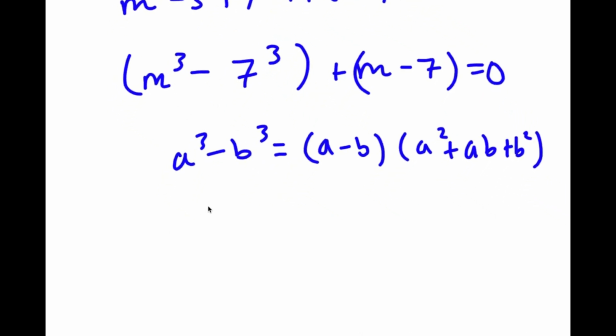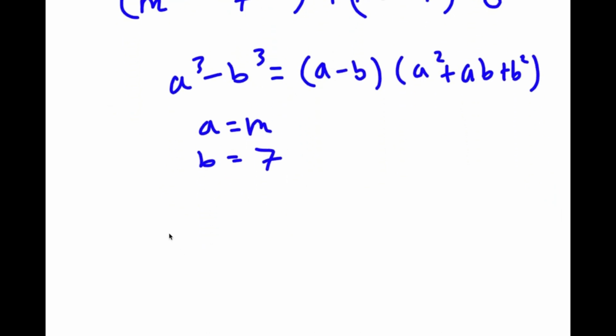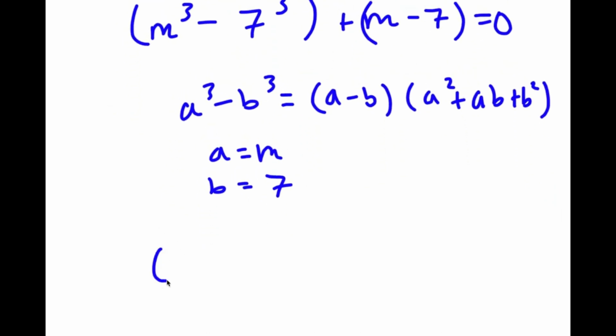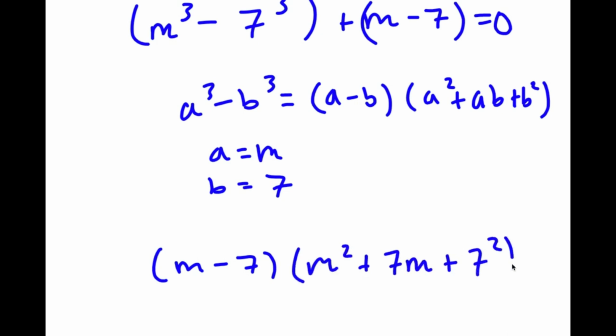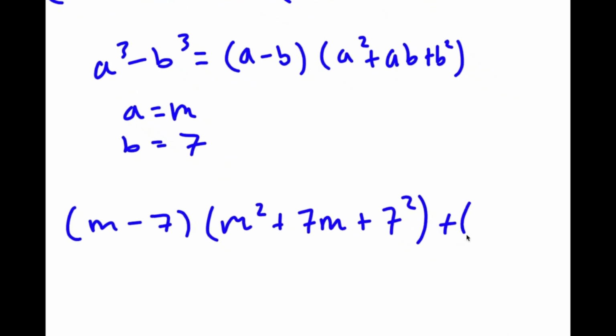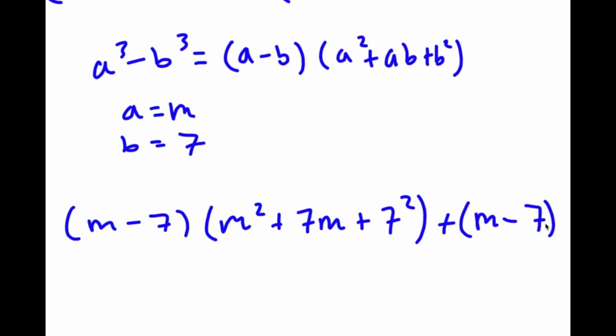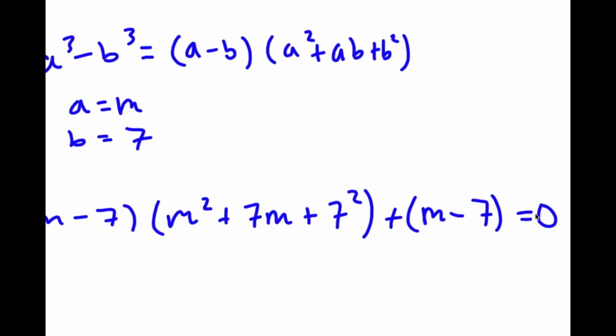So in this case, a is m and b is 7. So I have m minus 7 times m squared plus 7m plus 7 squared, plus m minus 7 is equal to 0.